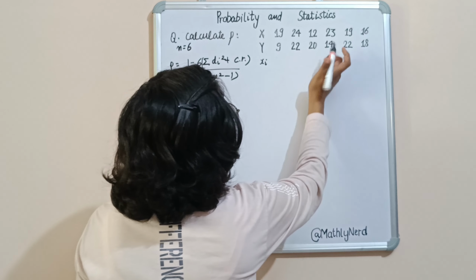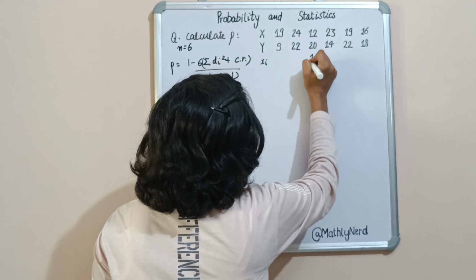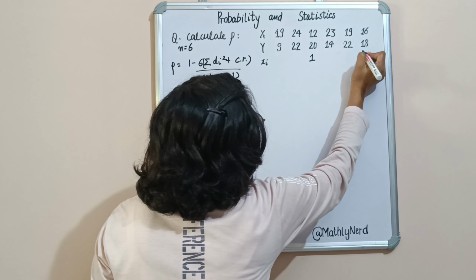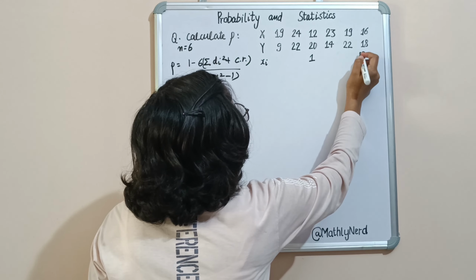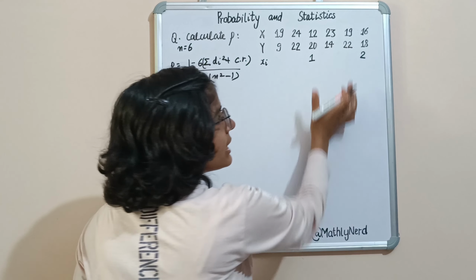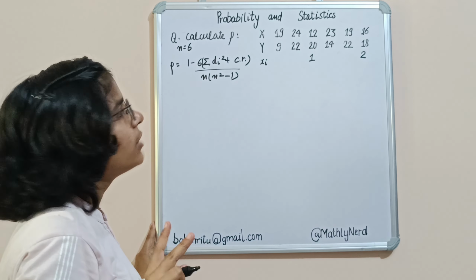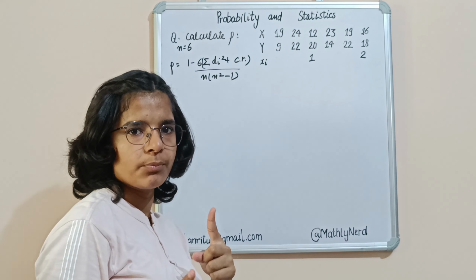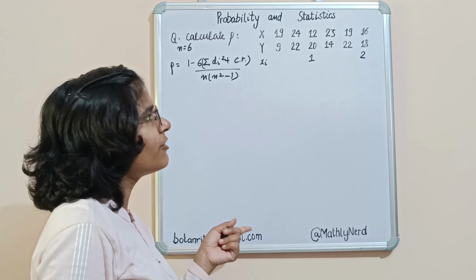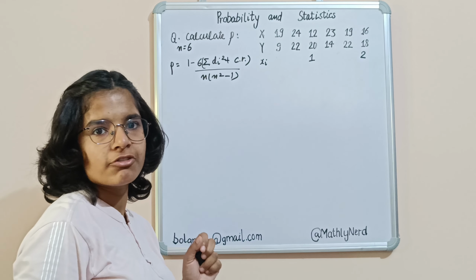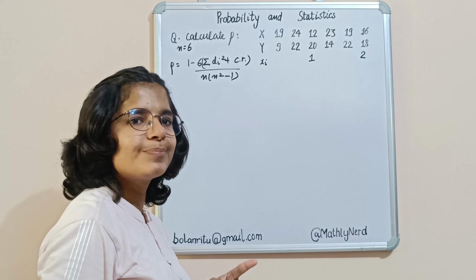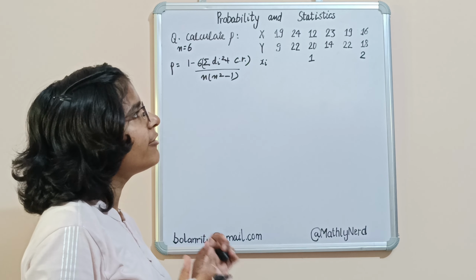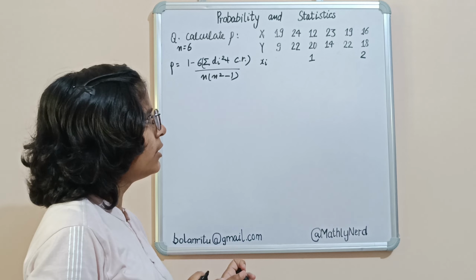So the first number is 12. The second number is 16. Our third number is 19, and it is repeated 2 times. So we have a problem: if we give rank 3 to both of them, our x bar will not be equal to y bar, and we have to maintain x bar.